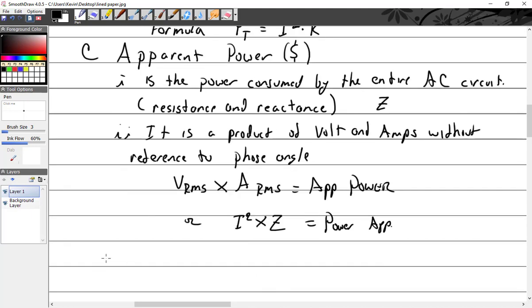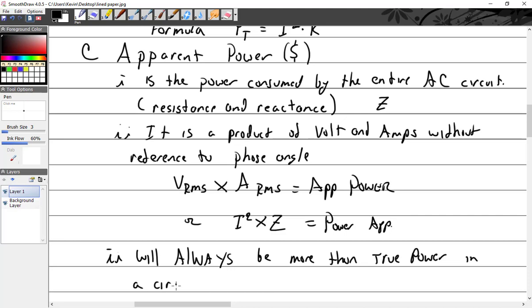The important point here is that apparent power will always be more than true power in a circuit with impedance.